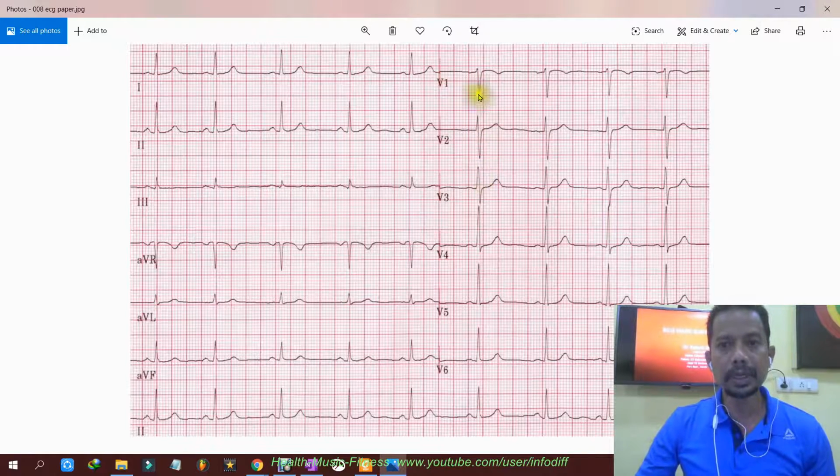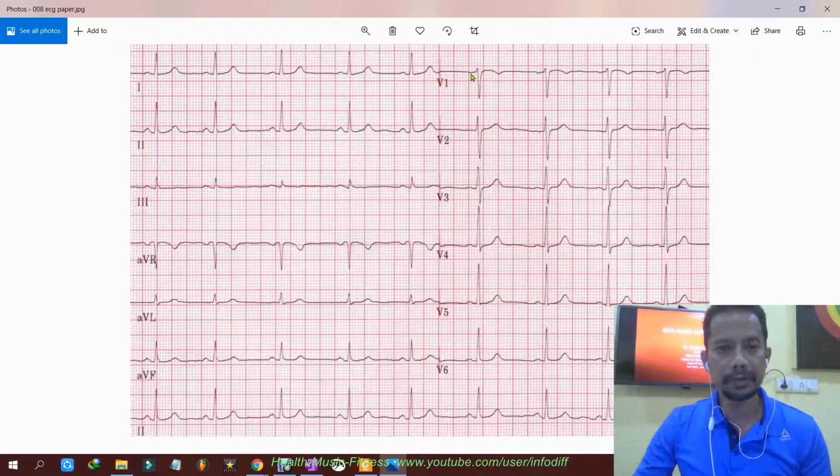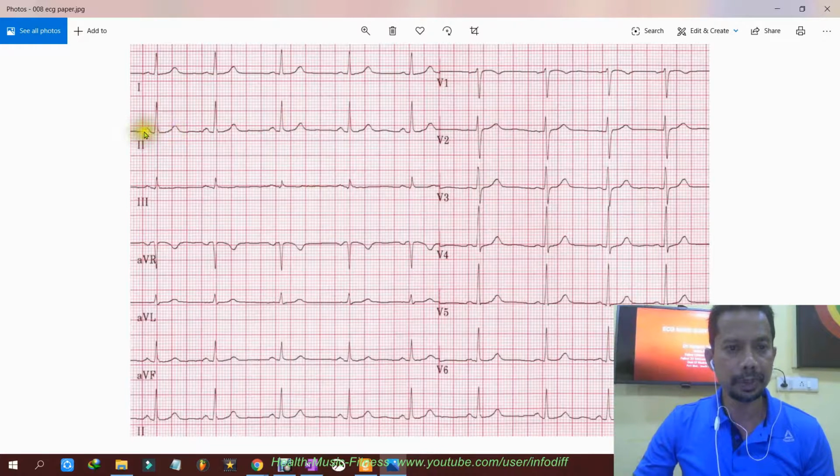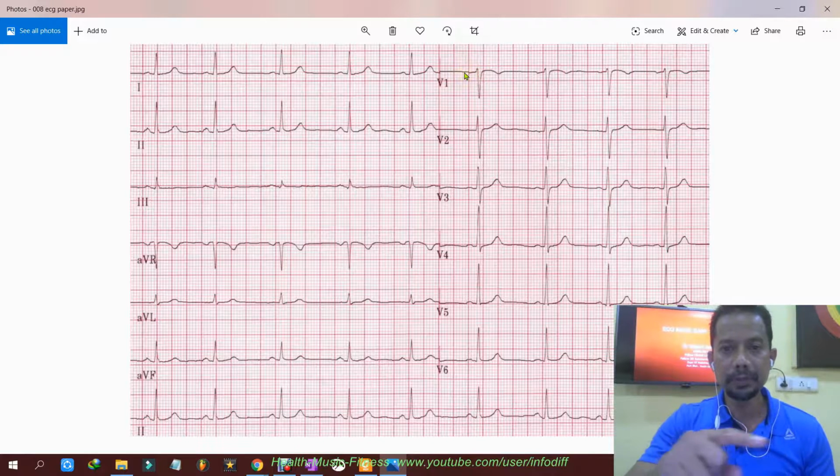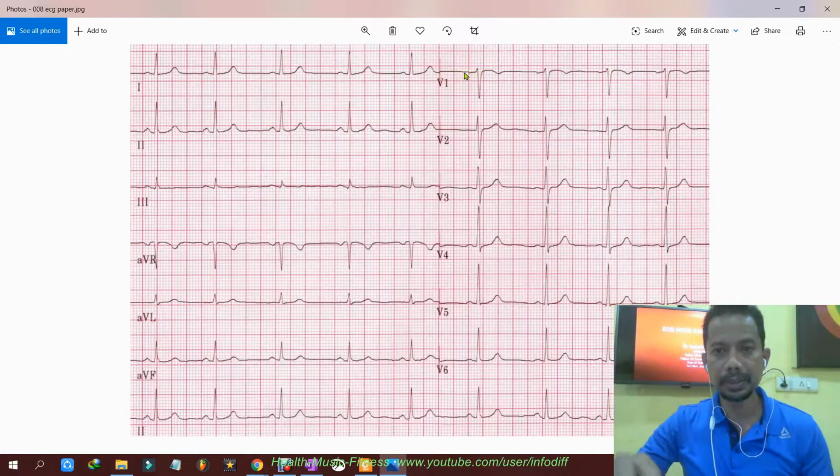So here is V1. To study the P wave, look in lead 2, where you get a very prominent, good-sized P wave, and in lead V1, where the P wave is biphasic. The positive component out here is the right atrium, the negative component is the left atrium. So in V1 you will see this type of biphasic P wave, and it is normal.